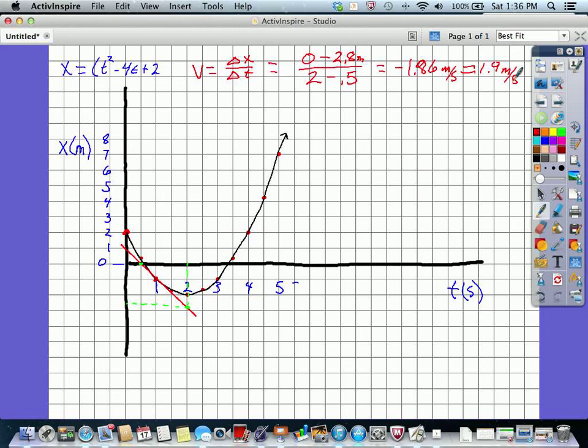And that's doing it graphically, by finding that tangent line, using a ruler. The next thing they're asking us to do, so that's part A. The next thing they asked us to do, part B, was to find what that velocity was at 1 second.